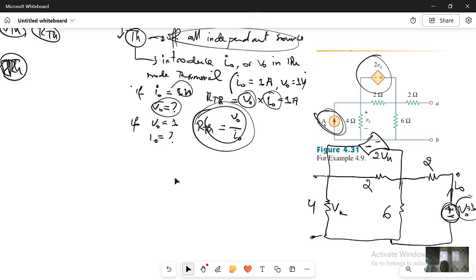I1, I2, I3. So now you can determine the equation for I1 from here, the equation from here, and the equation from here. I'm not going to repeat the mesh analysis because I already discussed it in a full video on how to use mesh analysis.